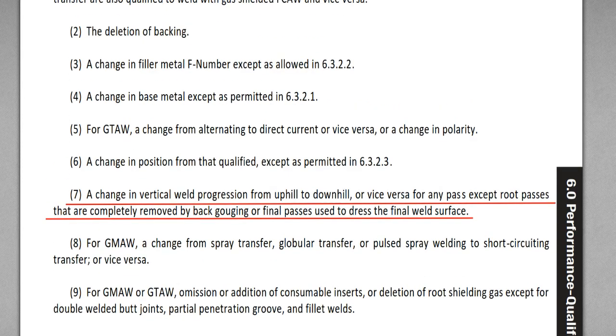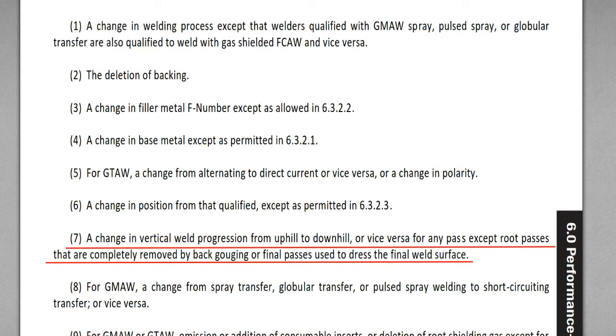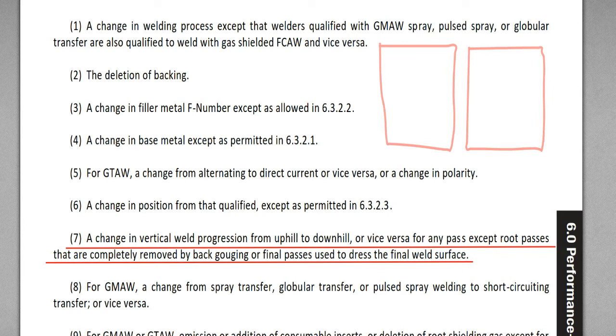So changing vertical weld progression means here you have two plates, a plate joint, and you weld vertical up here, and downward is vertical down here. A change from up to down, or vice versa, requires requalification, except root pass and finer pass.